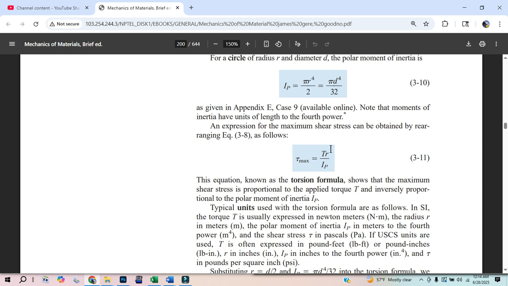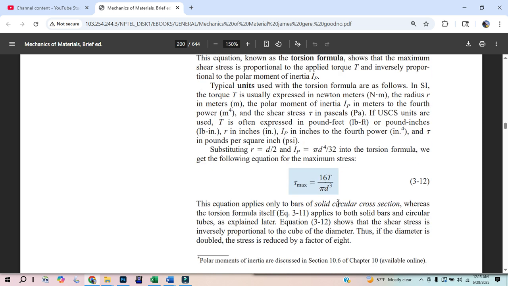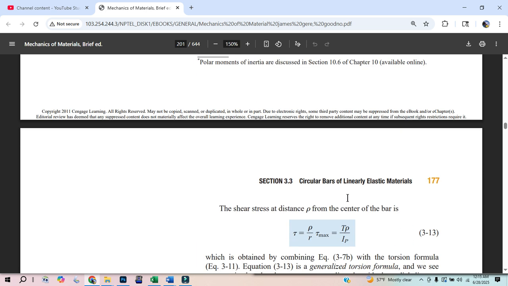There's an equation for T max, a function of tau, radius, and whatever the polar moment of inertia of your bar is. If we're using a cylindrical bar and there's your diameter, there you go. From this equation, we can easily see, hey, take the d cubed upstairs, take the T max downstairs, take the cubed root, and you can find that equation to solve for the diameter.